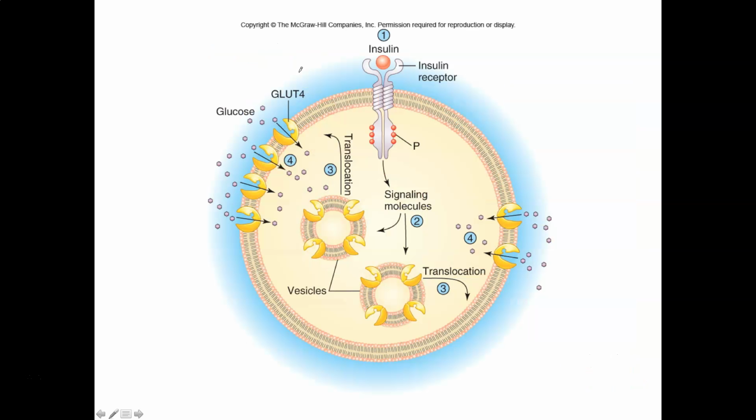So what would this look like from just a basic schematic? You have the insulin hormone activating the receptor. So here we see the two halves of the receptor coming together.